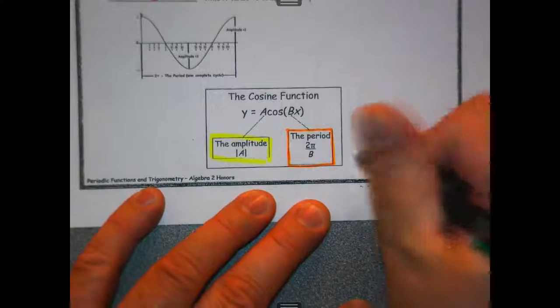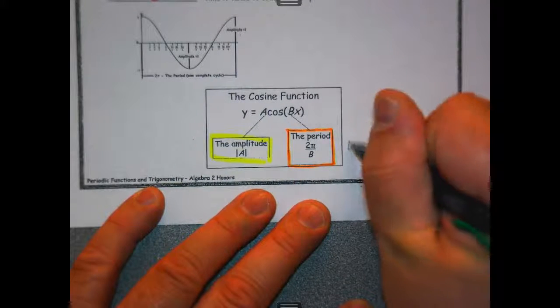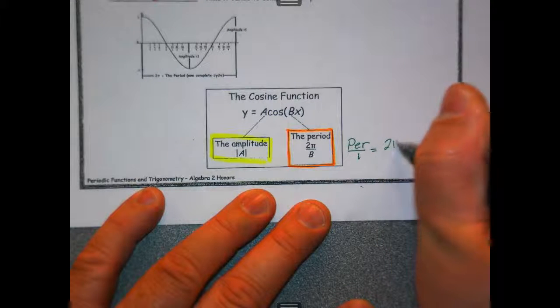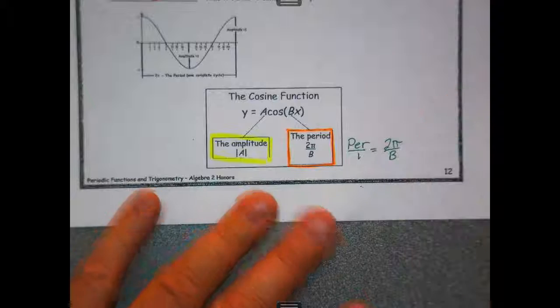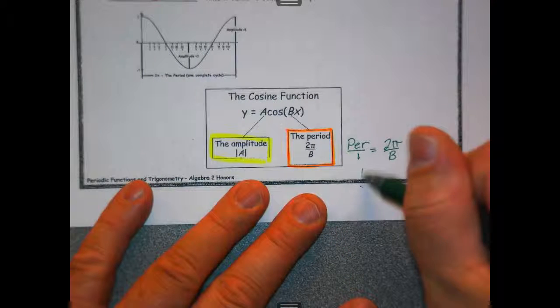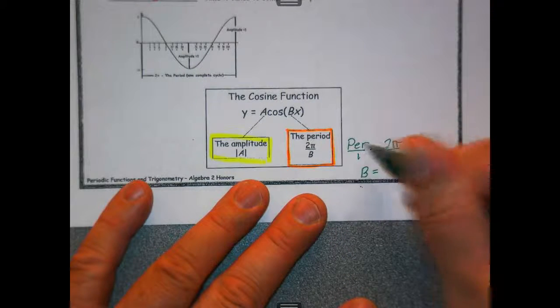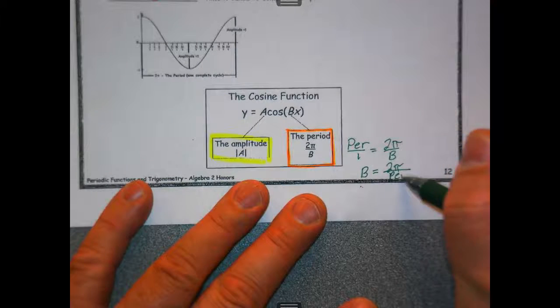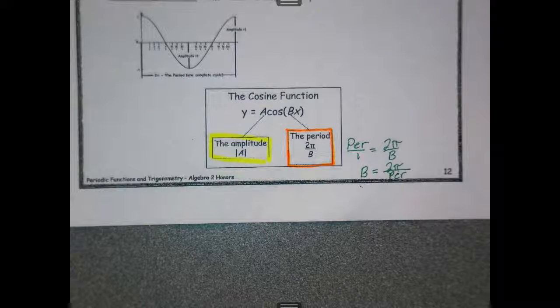The period over 1 equals 2 pi over b. So what does b equal? Just switch them, right? 2 pi over the period. Okay, for those people who are going on in mathematics, you need to know that.